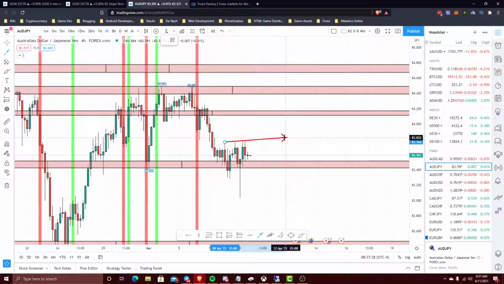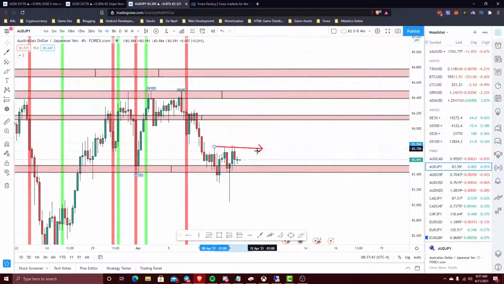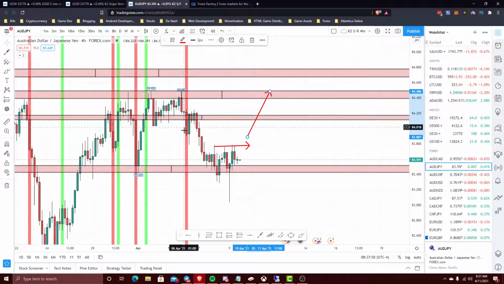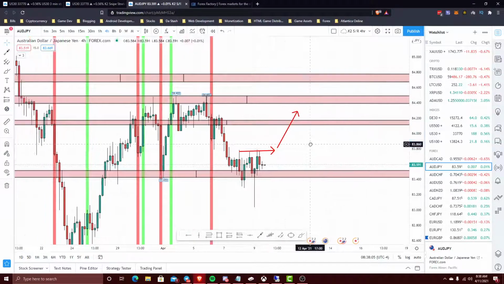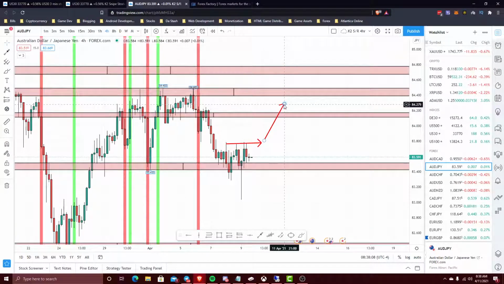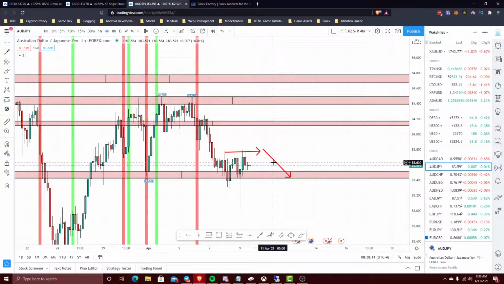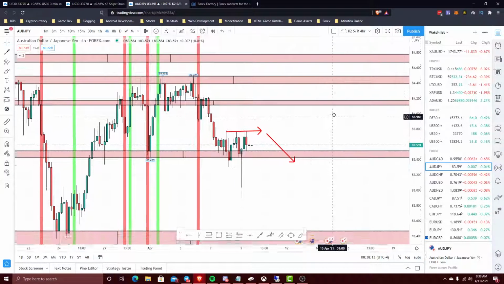Maybe it's been consolidating since the 7th up until now, so it may consolidate and then swing back up, because the next signal will have to show a green candle and a green signal, which means bullish. I'm sorry. So it's probably going to swing up here, or like I said, it might not even do that and just continue to head on down past this zone here. So it's another one we have to wait on.